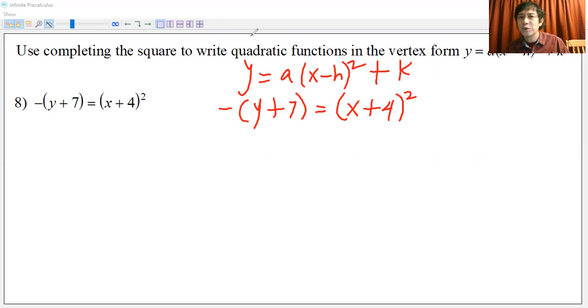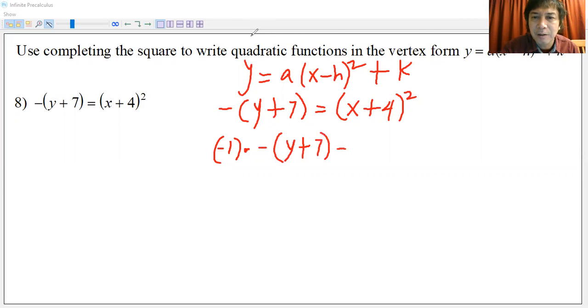So first we shall multiply both sides by a negative 1. What do we have at the left? It's negative something like that. We multiplied by negative 1 so that the negative at the left side will become positive.